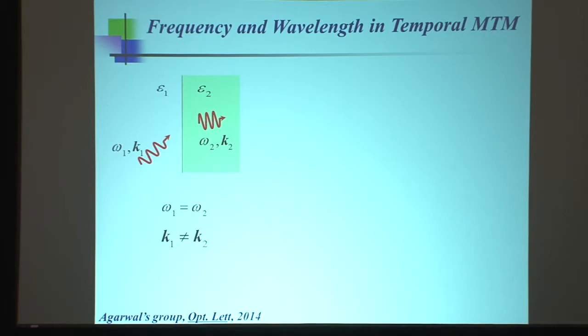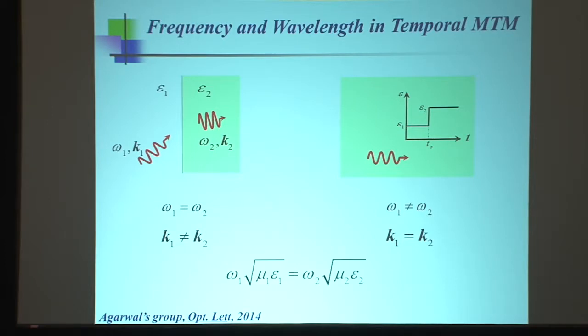However, if you do that in the temporal domain, what remains the same is the wavelength, but the frequency actually will have a jump. In other words, if we have a medium which is unbounded and an electromagnetic monochromatic wave is already there, and then at t equal to t naught, you rapidly change the permittivity, the wavelength of that wave stays the same, but the frequency will change. And as a result, we have to make sure that this condition is always satisfied in that rapid variation.